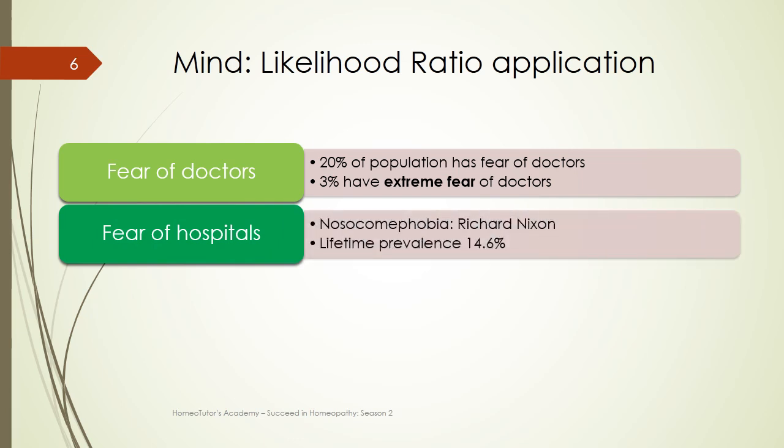The technical name for that is nosocomephobia. One celebrity who suffered from this condition was President Richard Nixon. The lifetime prevalence of this condition is about 14%. So that's a good symptom to take. But once again, as Boenninghausen has advised, mental symptoms should only be taken up at the confirmatory stage and not during the initial analysis.